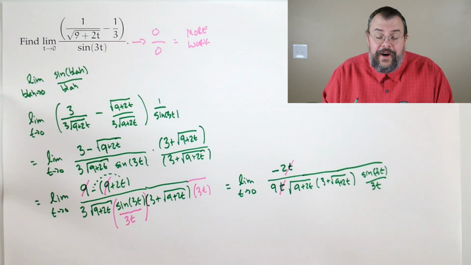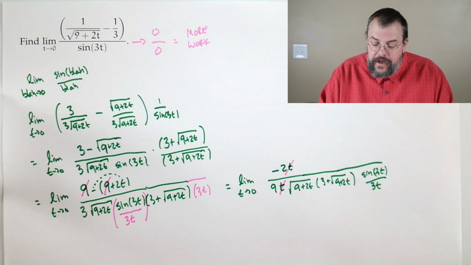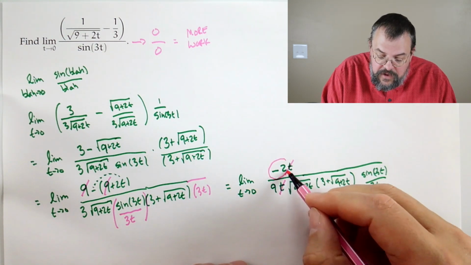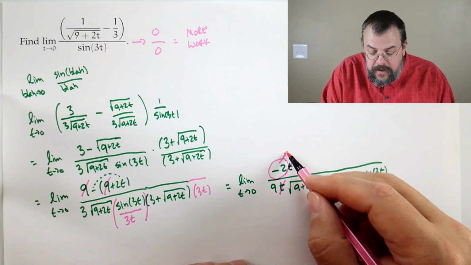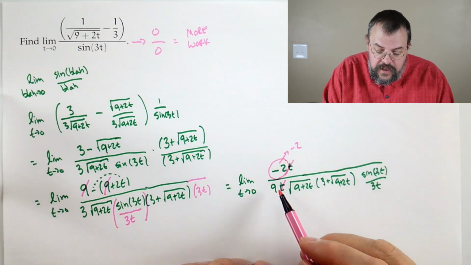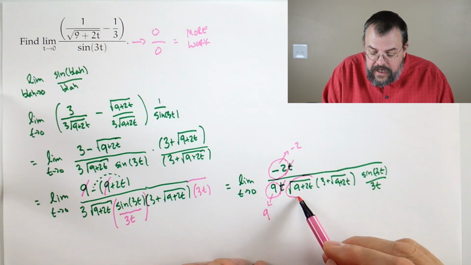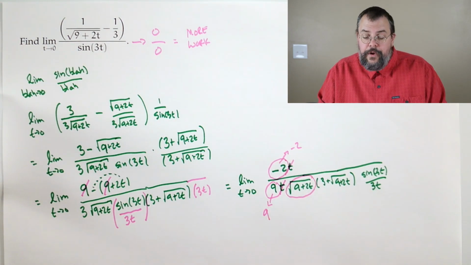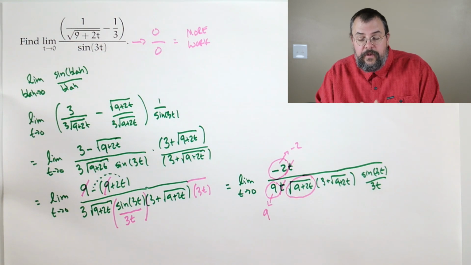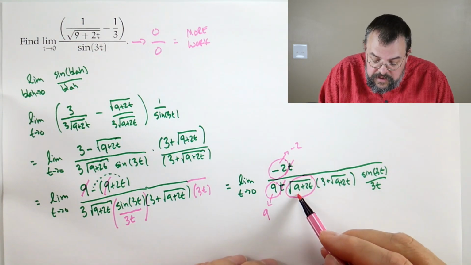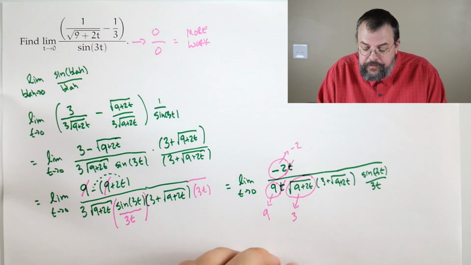So now let's work through our pieces. So the t's are gone. The negative 2 does what? Well, it's negative 2. It doesn't change. The 9 is 9. How about the square root of 9 plus 2t? What would that do? Well, you're going to get the square root of 9 because 2t is going to 0. So square root of 9 says that's going to 3.